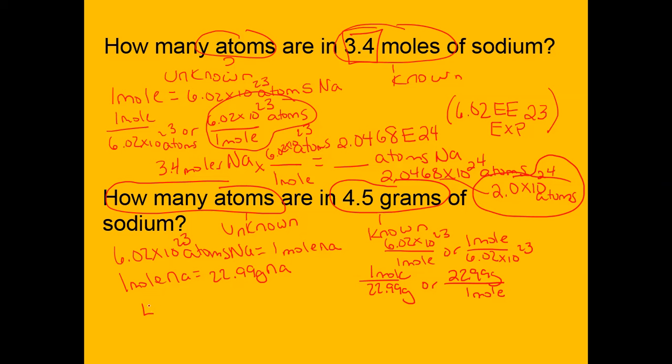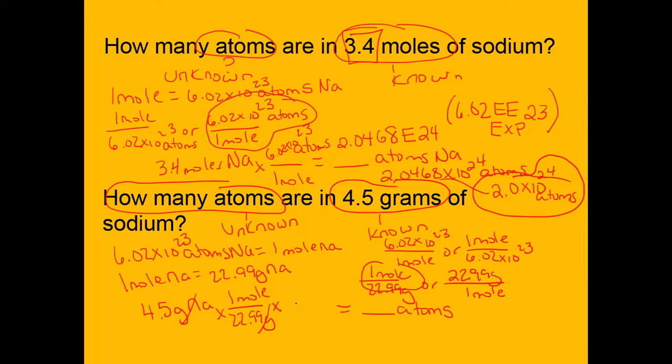Alright, now let's start with our known. Our known is 4.5 grams of sodium. Our unknown is atoms. Alright, and what goes in the middle? Let's start here. We've got 1 mole over 22.99 grams. Notice that that will get rid of our grams and give ourselves moles.